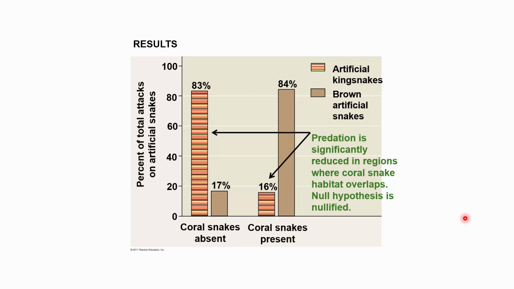Making sure that all of the studies were done maybe at the same time of year, and with the same numbers and types of predators in every place where the different artificial king snakes and brown snakes were placed. And I'm sure you can think of other things that had to be controlled as well. Percent that were laid out, percent of the different artificial snakes, the abundance of predators, all kinds of things we could think of for controlled variables.